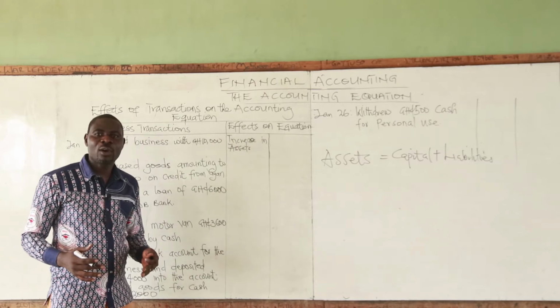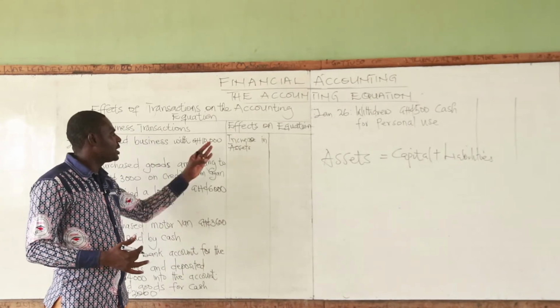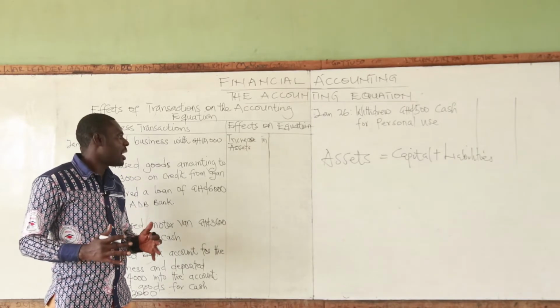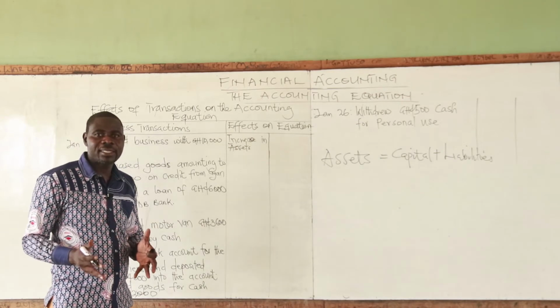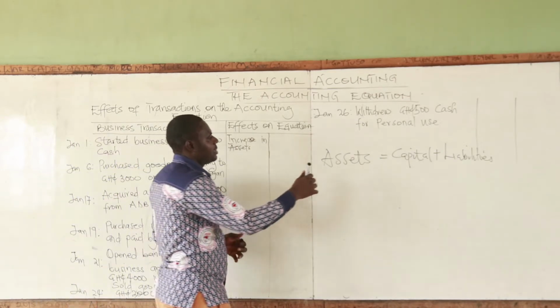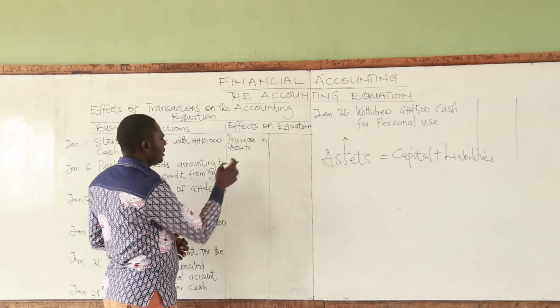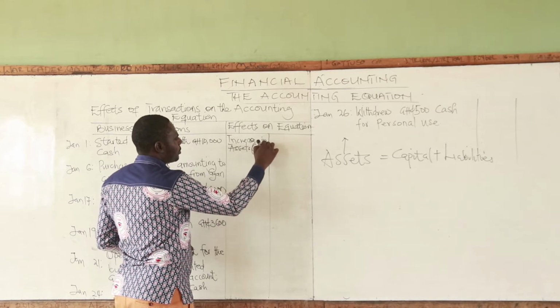The assets of the business will now move from 0 to 10,000 Ghana cedis, physical cash. This asset, as we have seen, is cash. So assets are increasing, in the form of cash.